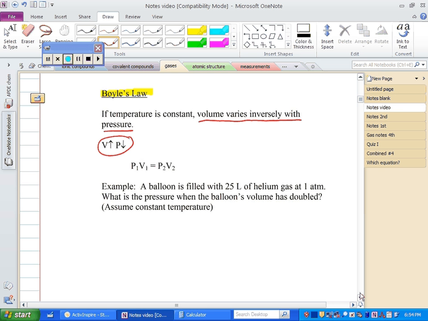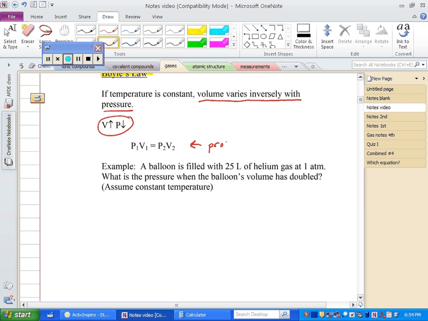In an inverse relationship, the product is constant. So when we do a problem, we want to show our work.